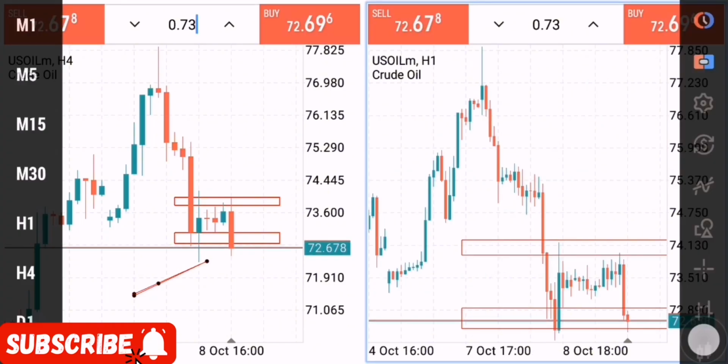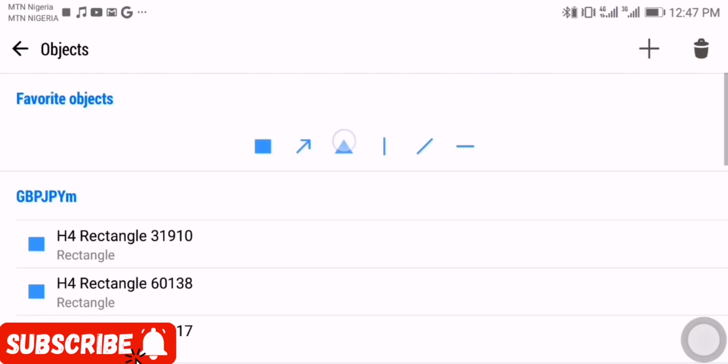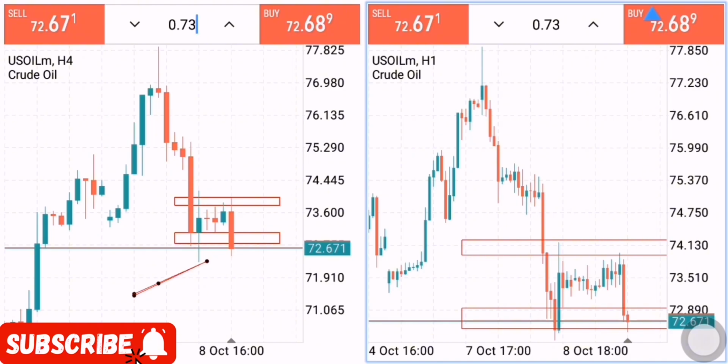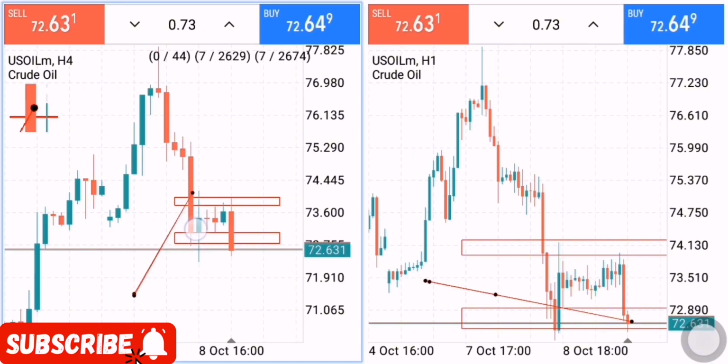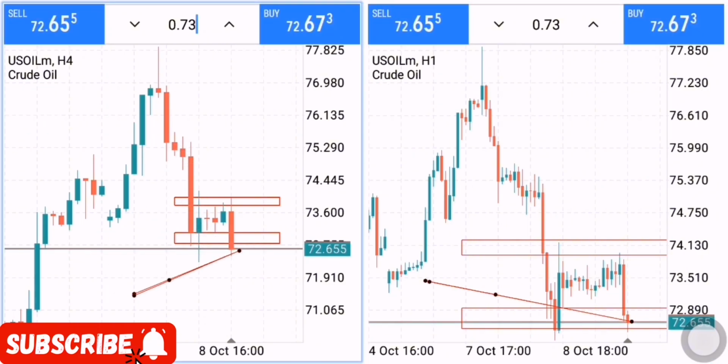So we are currently on the 1 hour time frame on the right, and this is a strong bearish candle, but we still want to get a cleaner break. We still want this candle to push down to give us a clean break of that level in accordance with the overall trend of the market, which is down, to get a continuation down.